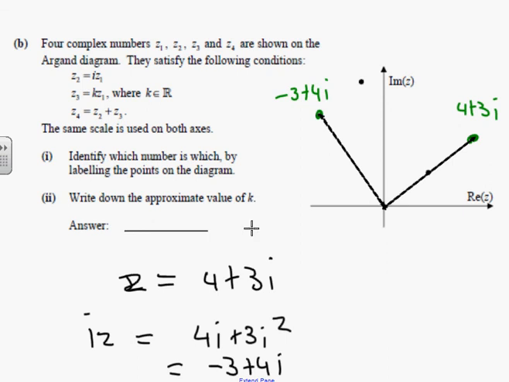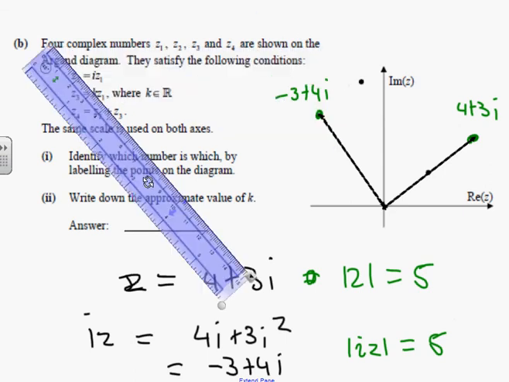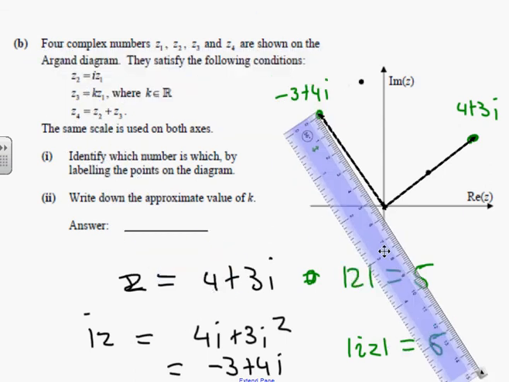You'll also notice that the modulus length is maintained. The modulus of this is 5 when you do Pythagoras' theorem, and the modulus of the other one is also 5. They are the same lengths. If you grabbed a ruler in your exam and measured them both, you'd find they're the same length, roughly 6 centimeters each.